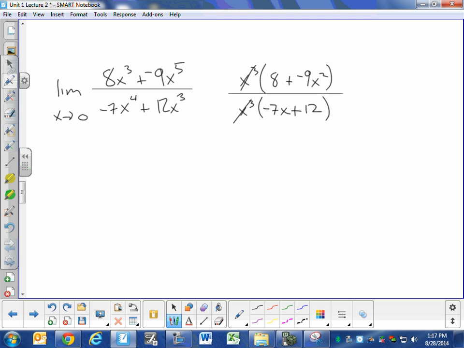And what do you do? Well, your x's are 0, so you just cancel out both of the ones with x terms, so it's just 8/12. Exactly. You plug in 0 for x, because that's the limit that we're trying to find. This is my new function, just this piece. We're still trying to find the limit as x approaches 0. You plug in 0 into this new function that eliminates our problem. We get 8/12, which is 2/3. Excellent.